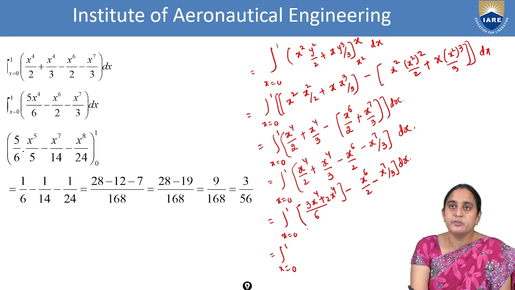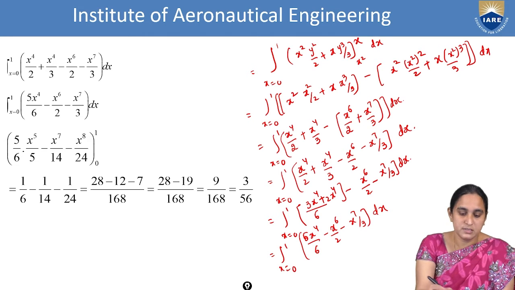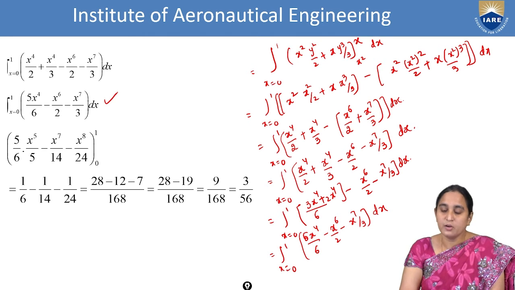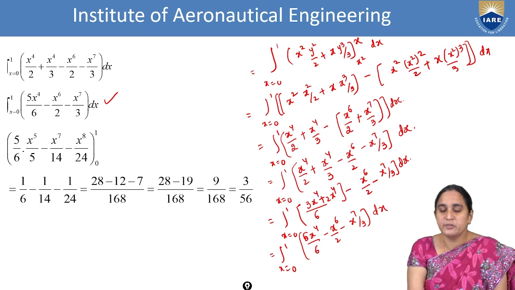This is 3x power 4 plus 2x power 4, that is 5x power 4 by 6 minus x power 6 by 2 minus x power 7 by 3 into dx. Once you observe, the total is converted in terms of x. Now integrate with respect to x.